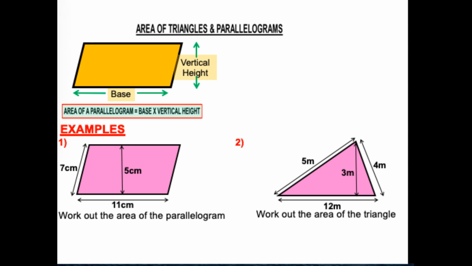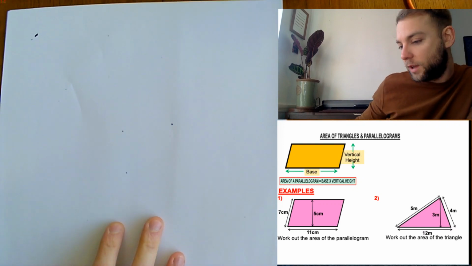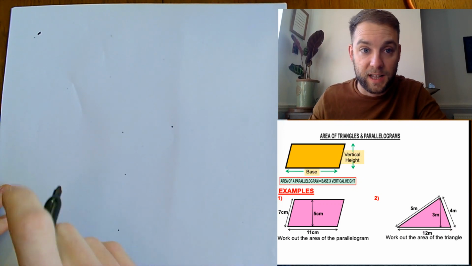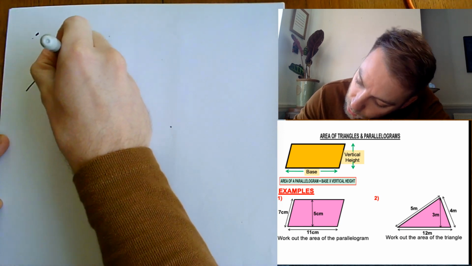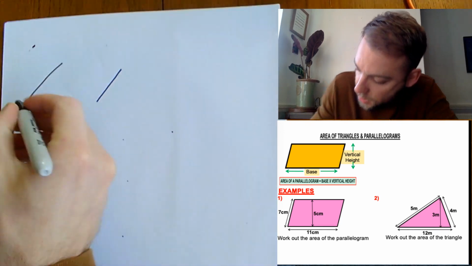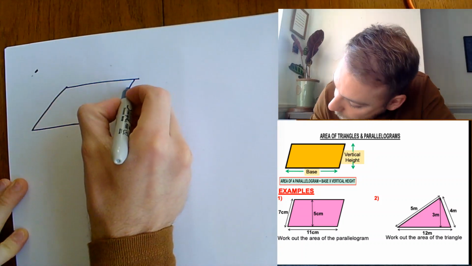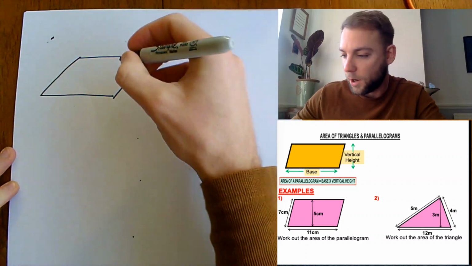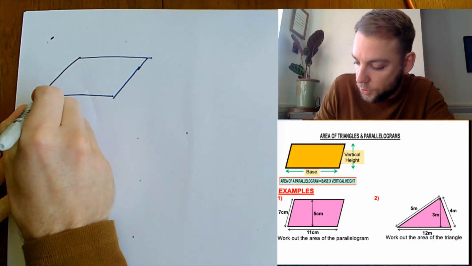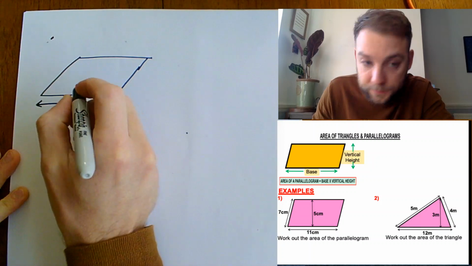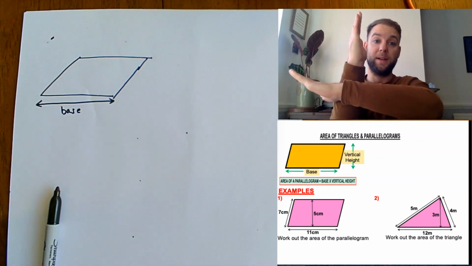So we've already had a look at the area of a rectangle, which is length times width. Now what we're looking at is the area of a parallelogram. So the area of a parallelogram is equal to your base, which is this part here, times by your perpendicular height.